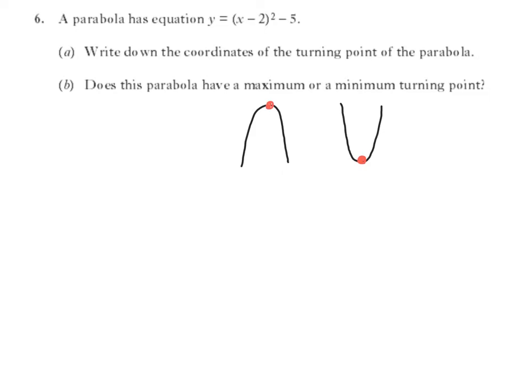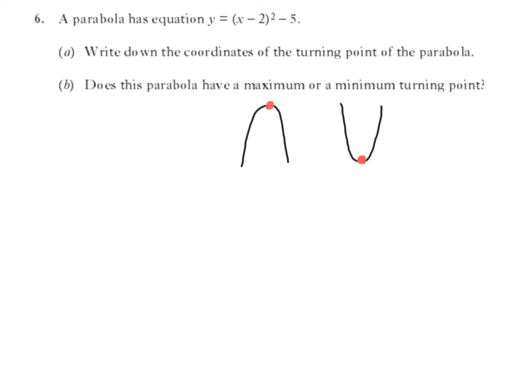So looking at the equation up at the top, we can tell the difference between the two parabola shapes by the x squared term. If the x squared term on squaring out the brackets were positive, then we get this shape here, a minimum turning point.